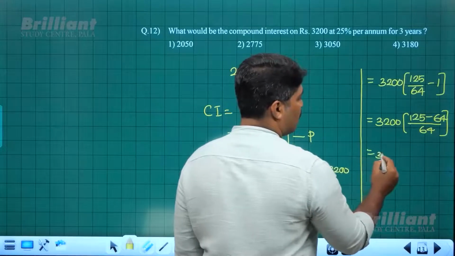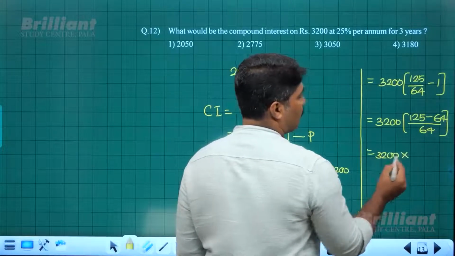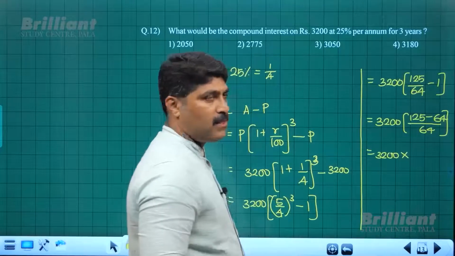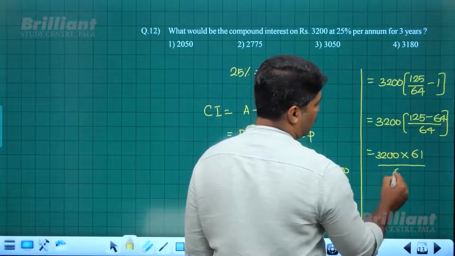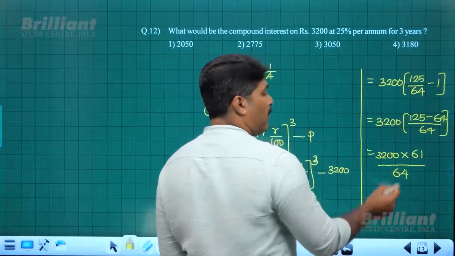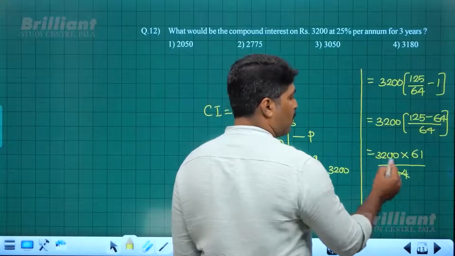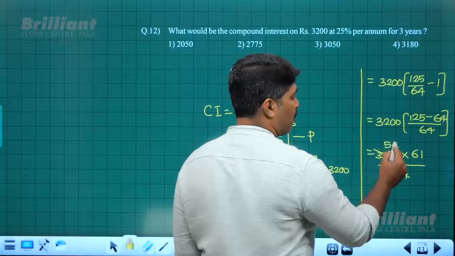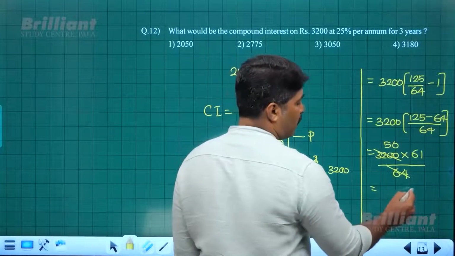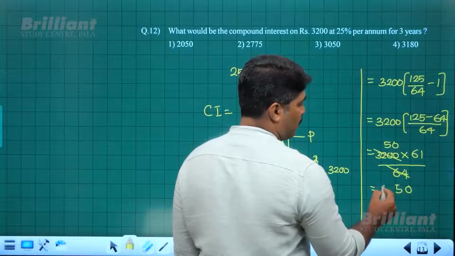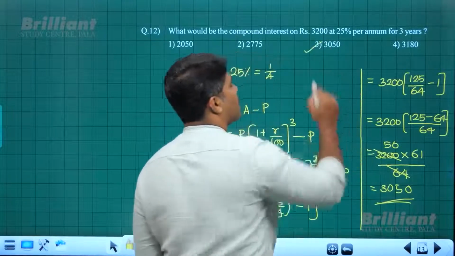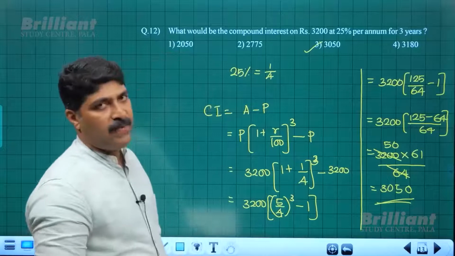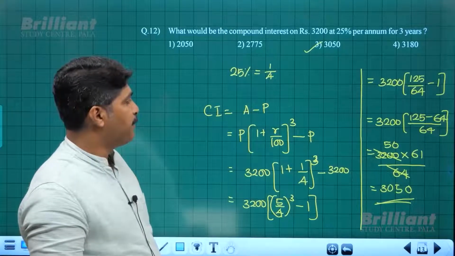So this is 3200 into, 125 minus 64 is 61, by 64. While we are simplifying this one, this is equal to 50, and what will it become? 0, 5, so that is 3050. So this is the answer. This way we can catch the answer of this question.